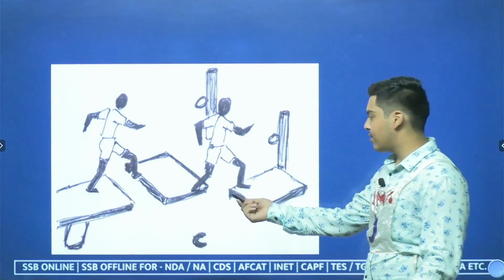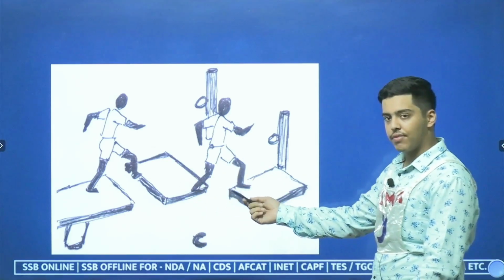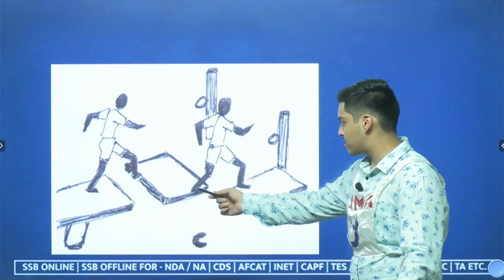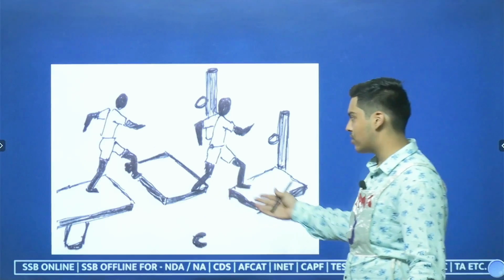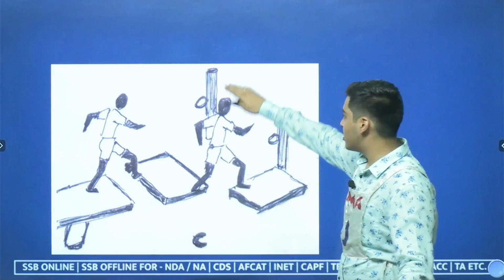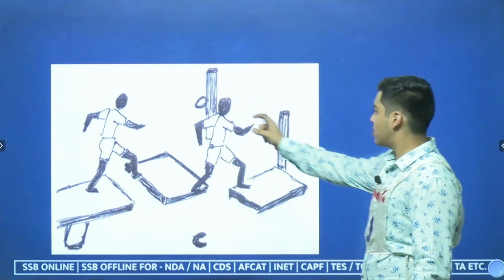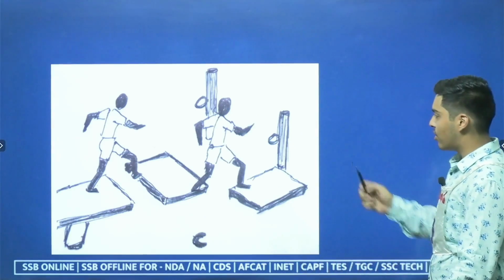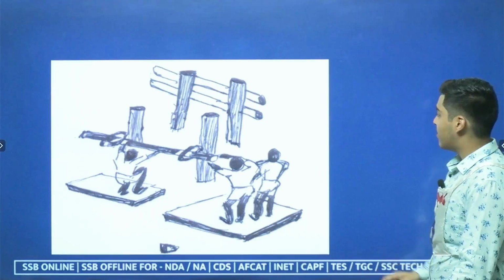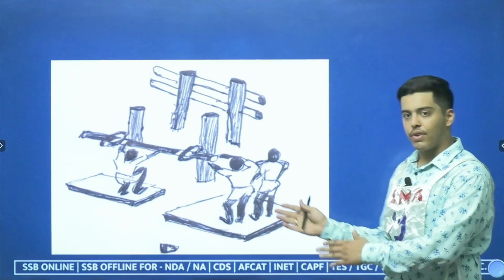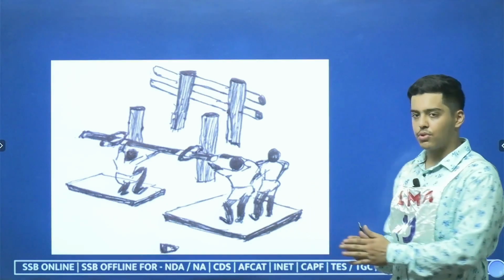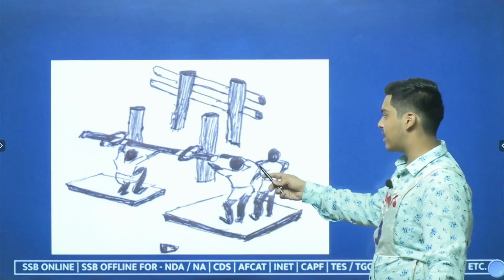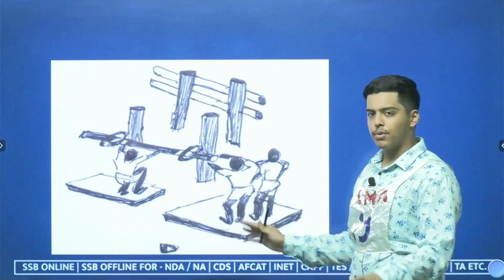Friends, in the next slide you can see, as in the picture we have first seen, there are 2 platforms provided here for you to just pass on, and then we are provided with 2 large wooden poles with 2 iron rings in them which have been attached on the outside. What we'll do, friends, here is that we'll take a wooden log which would be provided to you. It is not a wooden log, I'm sorry, it is an iron rod which has been provided to you, which would be of the optimum length required.